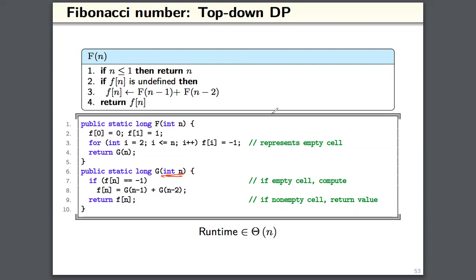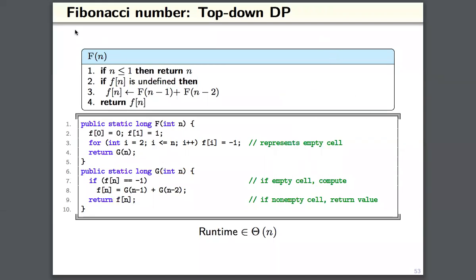So the space complexity is at least 2n, because you are defining n at every level, and you have an array of size n. You can write it as theta n, but it's greater than or equal to 2n.